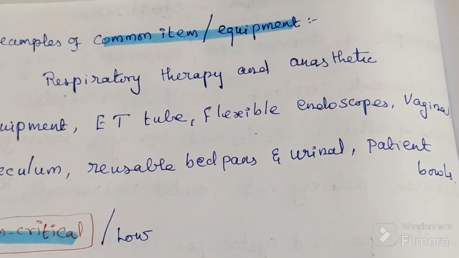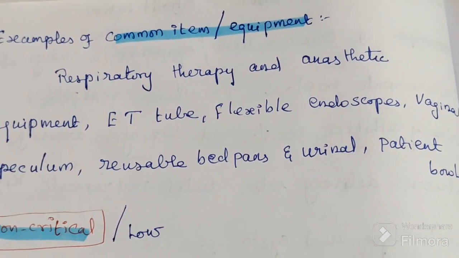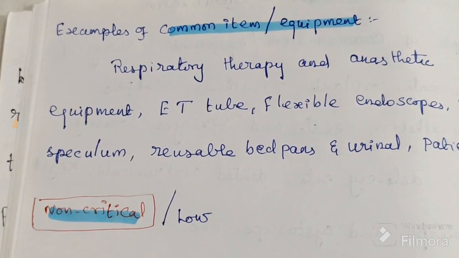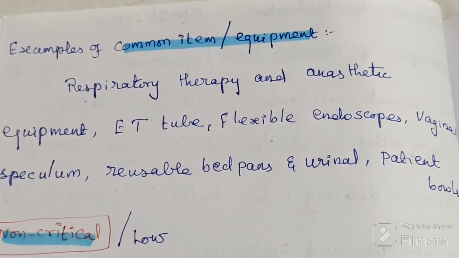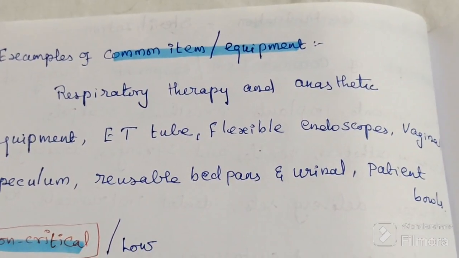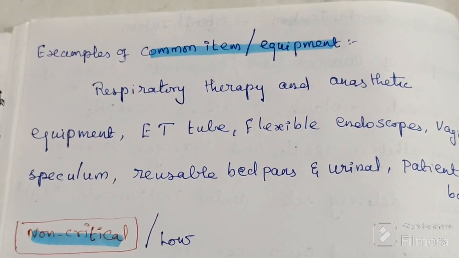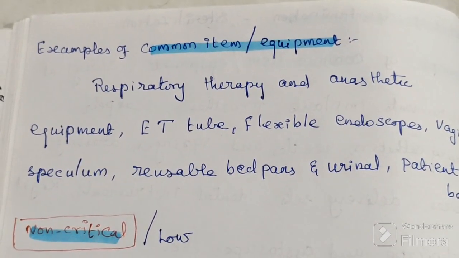So these are all examples of semi-critical devices that come into contact with mucous membrane.